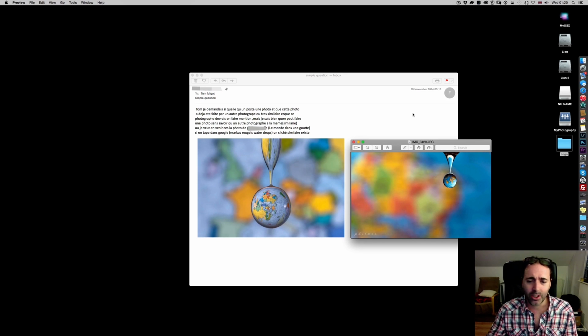Maybe he used the globe behind a world map? I don't know. As a matter of fact, even if he did, personally, I prefer the photo on the right to the photo on the left. So if the photo on the left is the so-called original, well, I'm sorry, but I much prefer the latter one. So I think that being inspired by somebody else couldn't be more common, to be honest.